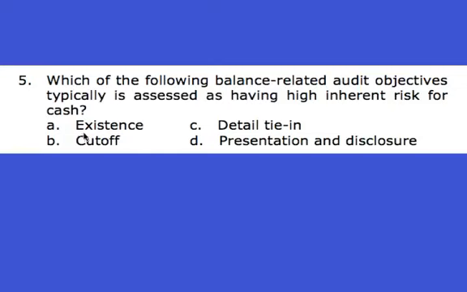Existing. So, kaya answer dyan, letter A. In terms of existence, ang cash, high ang inherent risk niyan. So, yan ang usually concern. Totoo bang may cash yan? Nag-i-exist ba yung cash? Okay, 5, letter A.